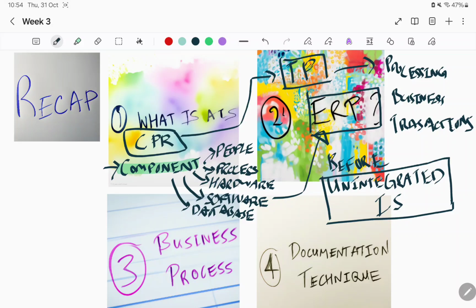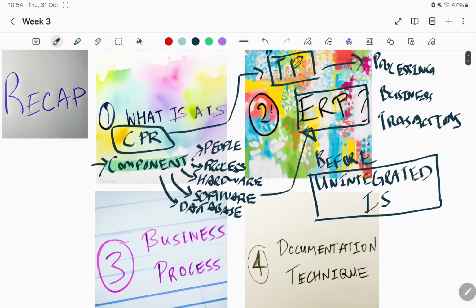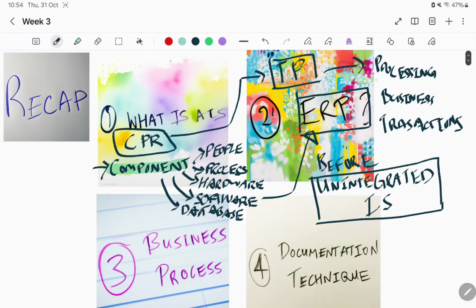So what is integrated and what is not integrated? The answer is very simple. When we look at the business process later on, we can see that a company will have different departments, and different departments will have to process information. They would process the business transactions. So we have purchasing transactions, and we have processing the sales transactions.